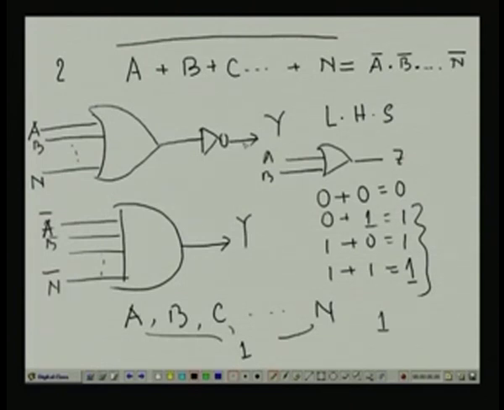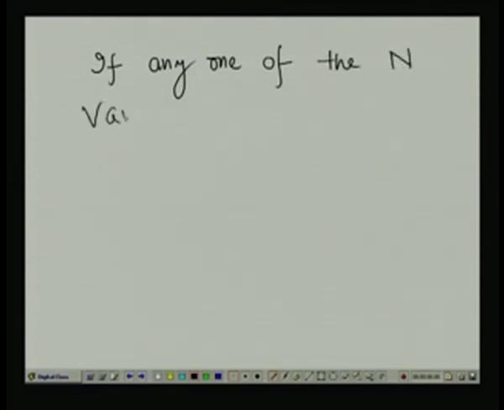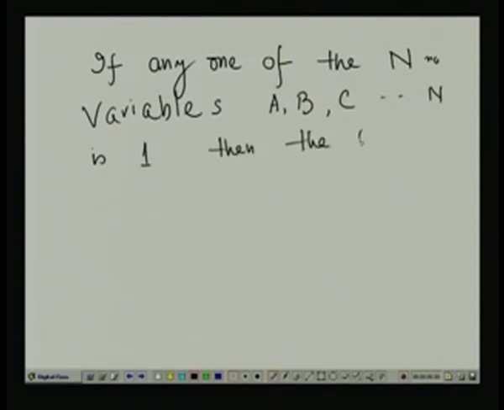So, that means that if any one of the n variables A, B, C up to n, or the n number of variables is 1, then the output, actually left hand side output, y equals to 0.